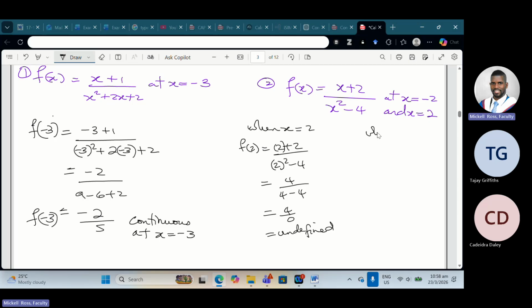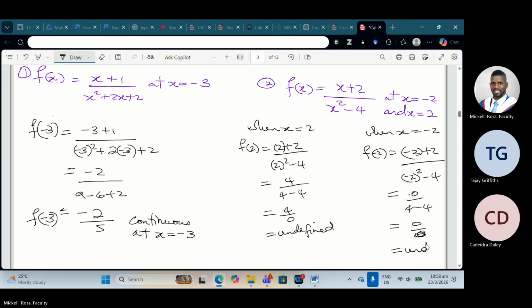And then when x is equal to negative 2, f of negative 2 is equal to negative 2 plus 2 all divided by negative 2 squared minus 4, which is going to be 0 over 4 minus 4, which is 0 over 0, which is also undefined.